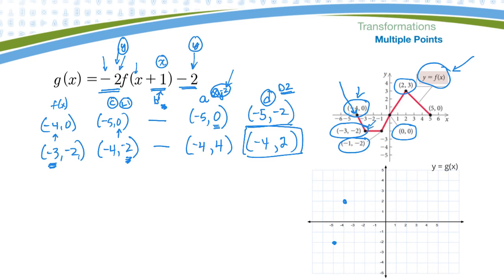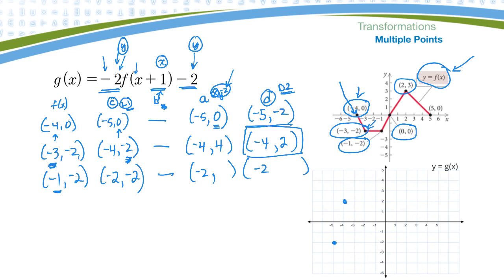Let's try another one. Negative 1, negative 2. Hopefully you're getting on to the idea here. So first thing, I have to go left 1. If I'm at minus 1 and I go left 1, that'll be a minus 2. And of course the Y value stays. B, there's no transformation happening with that. And then from here on in, there's no transformation to the X value. So the minus 2 stays.